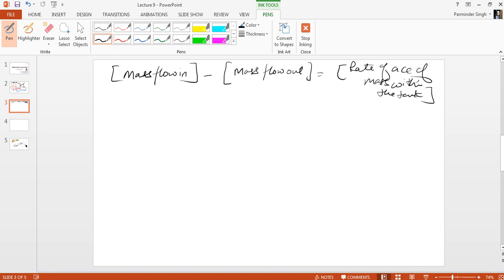Clear? Now mass flow in is density into the volumetric flow rate, that is Q, mass flow out is density into Q naught, and accumulation of mass within the system is density into d by dt of A into H, that is the volume, rate of change of volume.